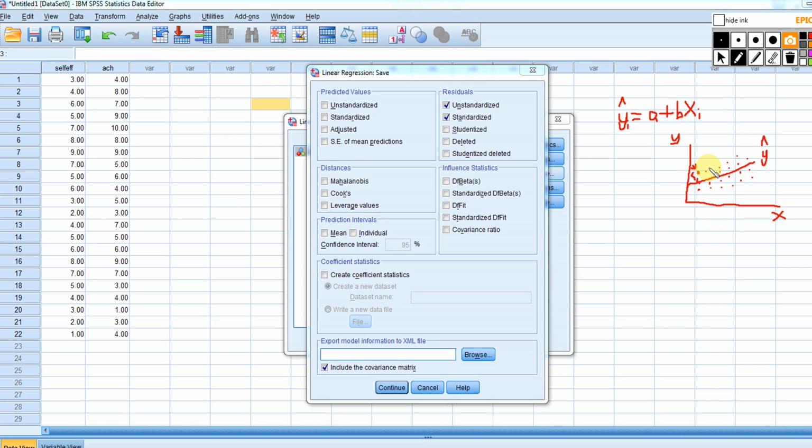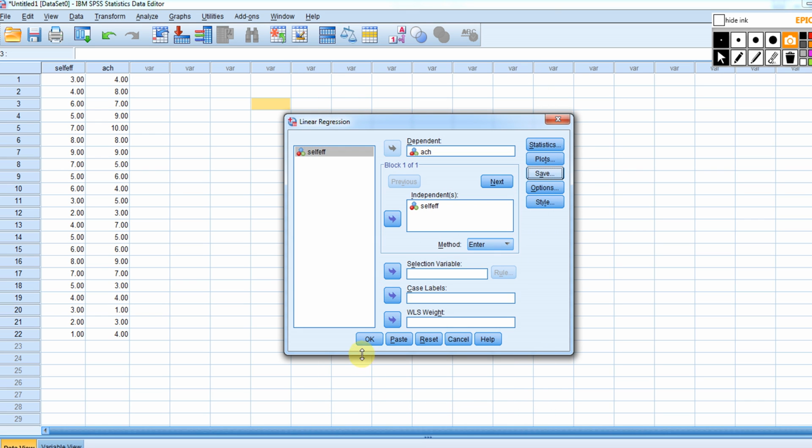So what we're doing here in the regression analysis, where I'm clicking on Save, is asking for computed residuals or prediction errors, both unstandardized and standardized. We'll map this out in more detail shortly, but for now I'm going to run the basic analysis.